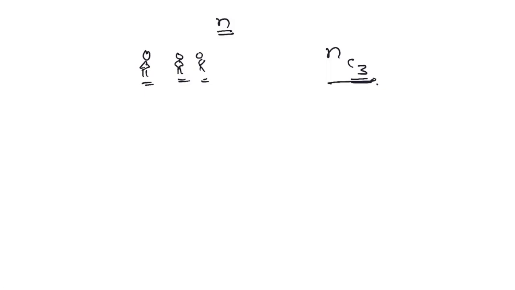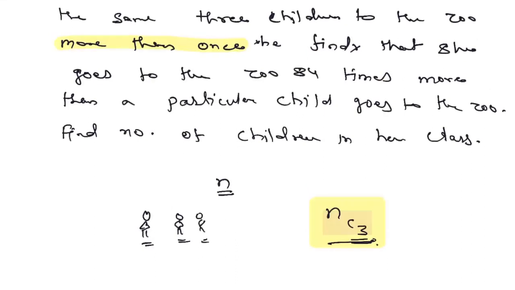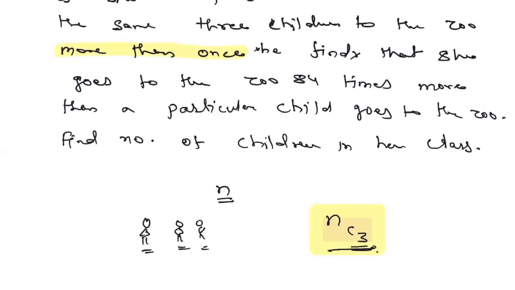So the maximum number of times she can go to the zoo is the maximum number of groups of 3 children she can select out of n. So this will be nC3. This nC3 is how many times she is going. But the condition also says she goes 84 times more than a particular child goes.